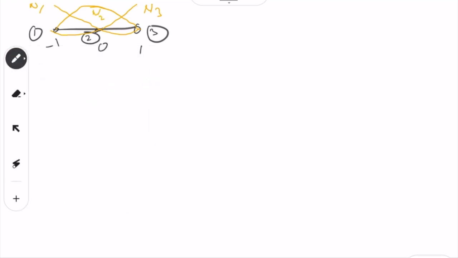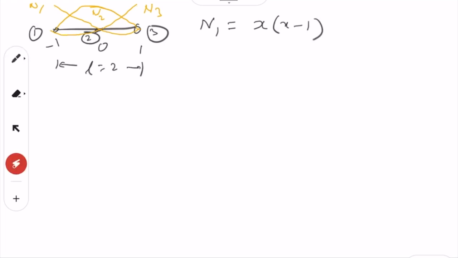So the equation becomes N1 equal to half, we can formulate based on this. From here to here, L equals 2 basically, and earlier we formulated in terms of L, but here we can directly write because we know this. So N1 will be simply x times (x minus 1), because N1 is 0 here and here.